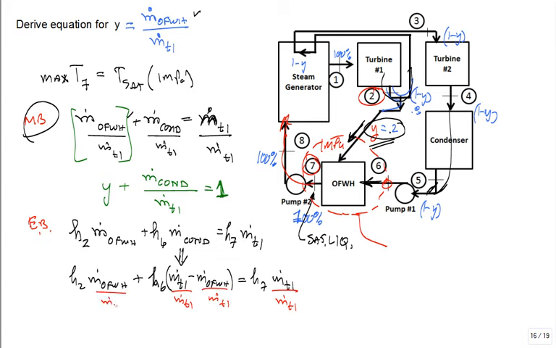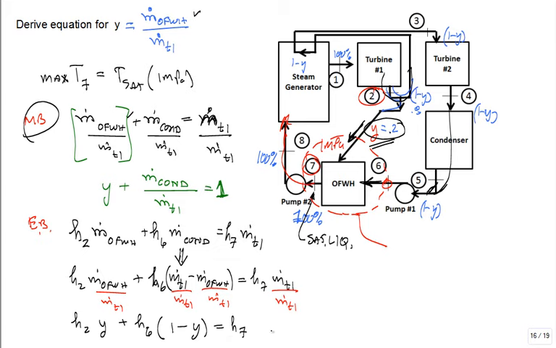Right? And then I see I have an equation: H2 times Y plus H6 times (1 minus Y) is equal to H7 times 1. I now have an equation for what Y needs to be. True? So a little bit of algebra.